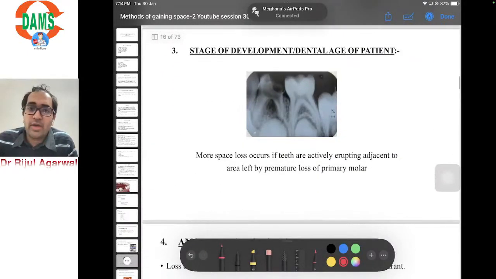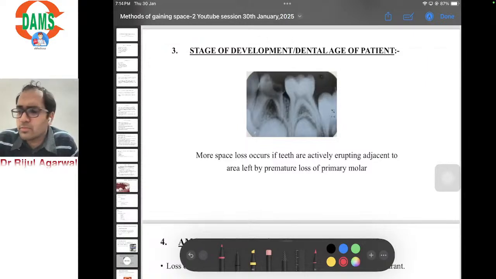Okay, moving ahead. The stage of development or dental age of the patient. More space loss occurs if the teeth are actively erupting adjacent to the area affected by premature loss of primary molars.